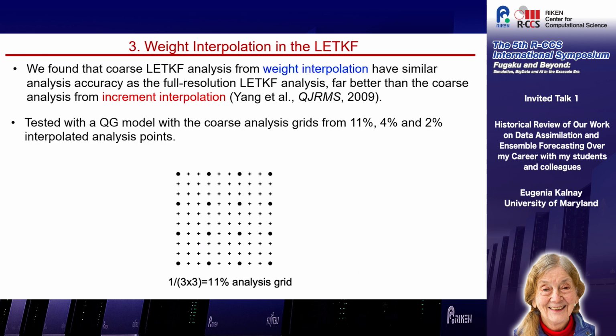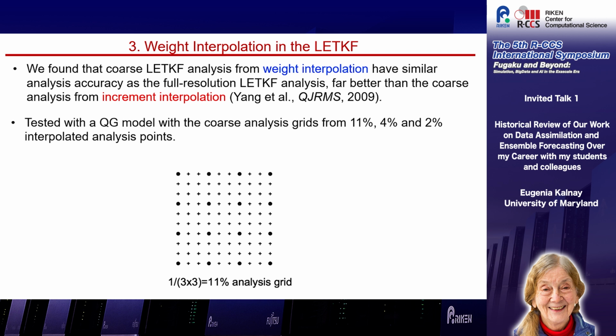4D-Var reduces its computational cost by using coarse resolution in the inner loop. For the LETKF, the most computationally expensive step is to conduct eigenvalue decomposition at each analysis grid.